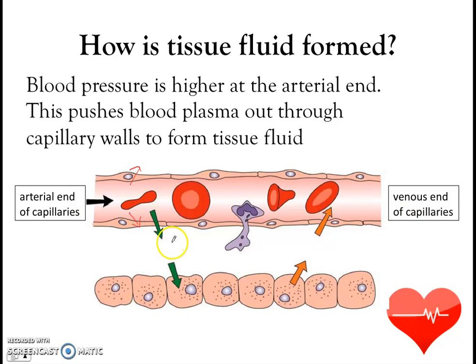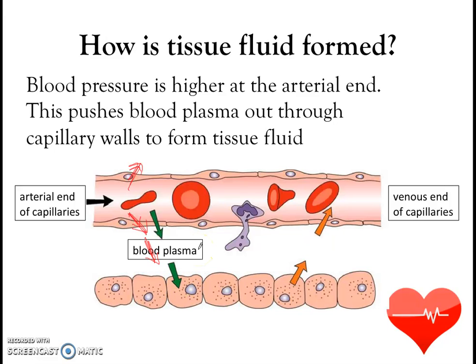This actually pushes blood plasma out through the capillary walls to form tissue fluid. So at the arterial end, the blood plasma comes out of the capillary to form tissue fluid.